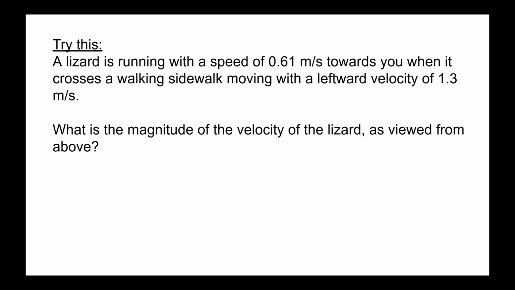So that last problem, we were adding two one-dimensional vectors that were perpendicular to each other. And it's pretty straightforward for finding the magnitude of the result, and you use Pythagorean theorem. Now, what we're going to be doing often in our practice with two-dimensional motion is adding together two-dimensional vectors.